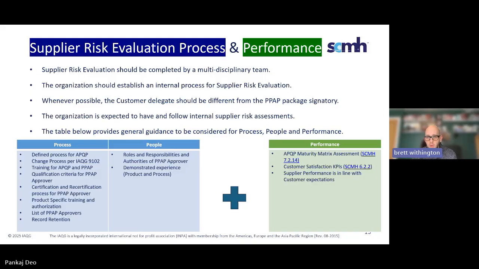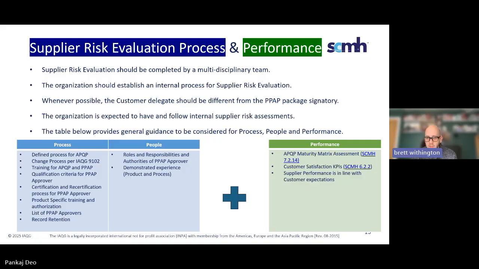So if we're giving that delegation, we want to make sure we've got the right performance. So when we give that delegation, we've got a level of comfort. We expect the organisations to follow their own risk assessments.